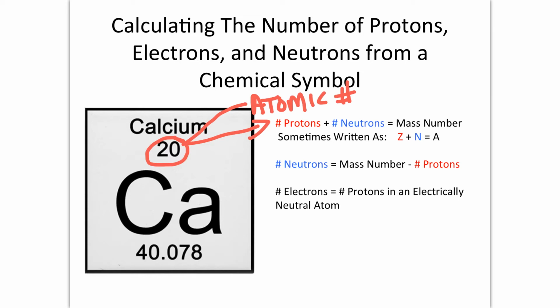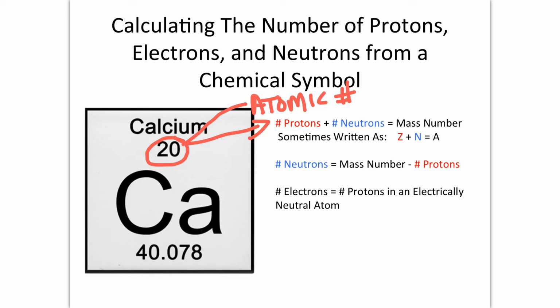Each atom of the element calcium will always have 20 protons no matter where you look on the planet Earth, right? Every calcium atom always has 20 protons.